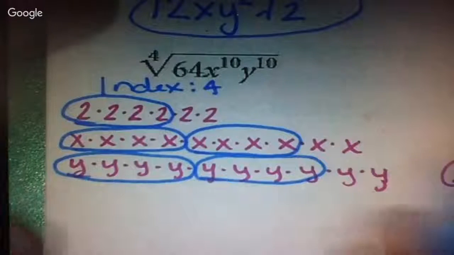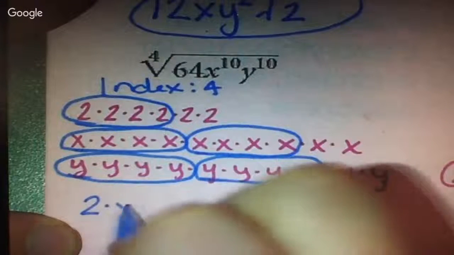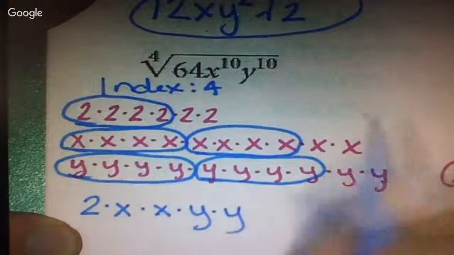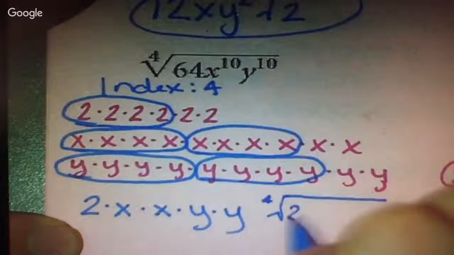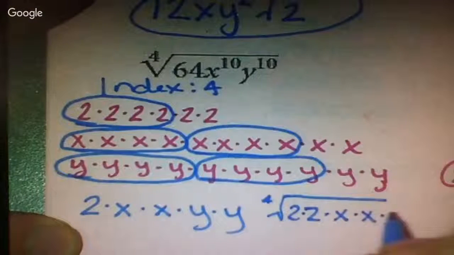So I've got a 2 out front, 2 x's, and 2 y's. And back underneath the 4th root goes 2 2s, 2 x's, and 2 y's.